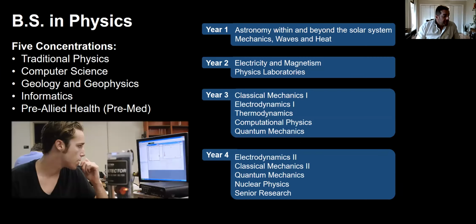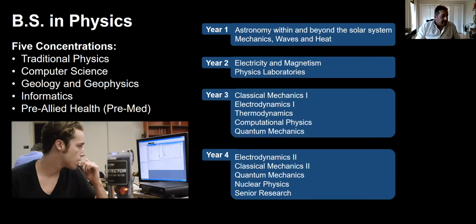We offer a bachelor's in physics with the typical classes, and we have concentrations. So you can do just regular pure physics, or you can combine and put in aspects of computer science or geology and geophysics, informatics, or pre-allied health. The last one is for those who want to go into medicine.